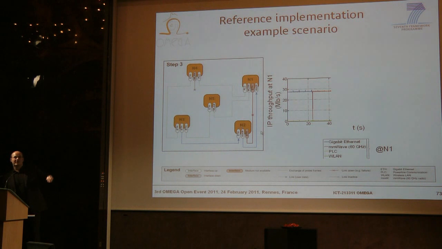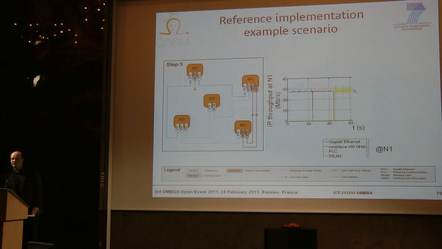Now someone walks through the line of sight path, and again this interface is not available anymore. Now N3 has to go a completely different route. There are path requests again, and the traffic is now rerouted over an Ethernet link from N3 to N4, and here the technology is switched from Ethernet to PLC.